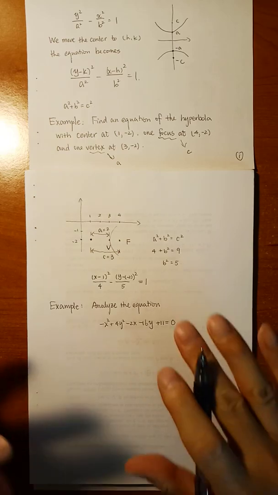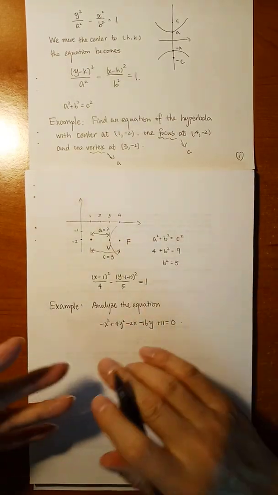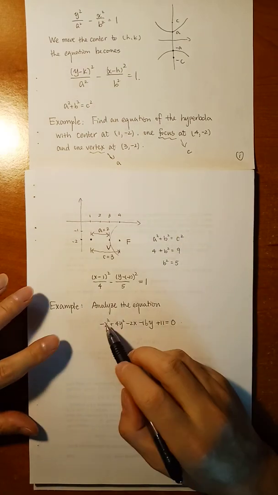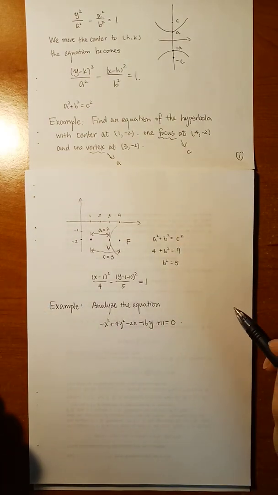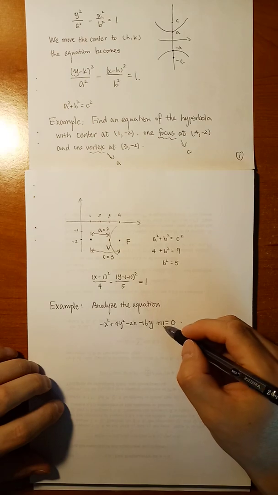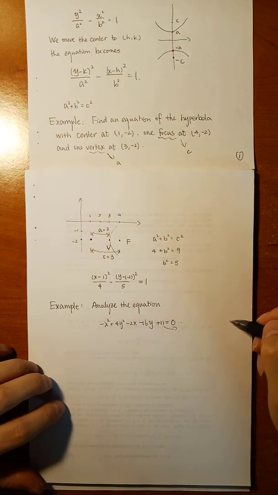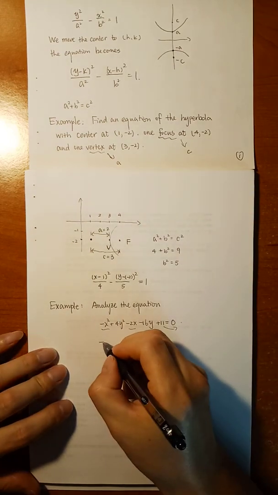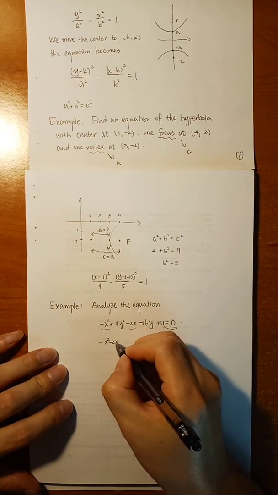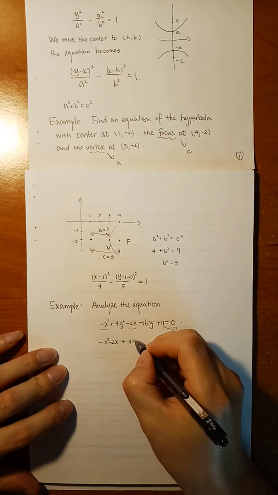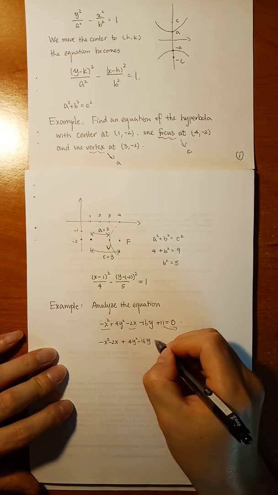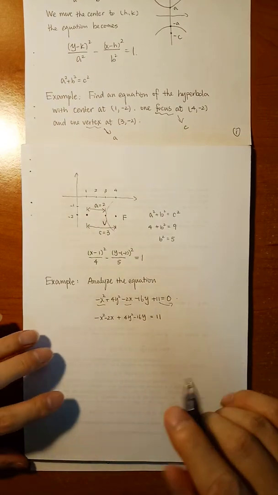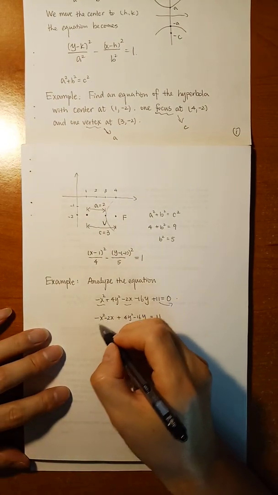Whenever you see this analyze problem, especially for the parabola, ellipse, hyperbola, you always complete the square for the square terms. Always do that. To complete the square, we first move the 11 to the right side. We combine the x terms together and the y terms together. So we get negative x squared minus 2x plus 4y squared minus 16y is equal to 11.